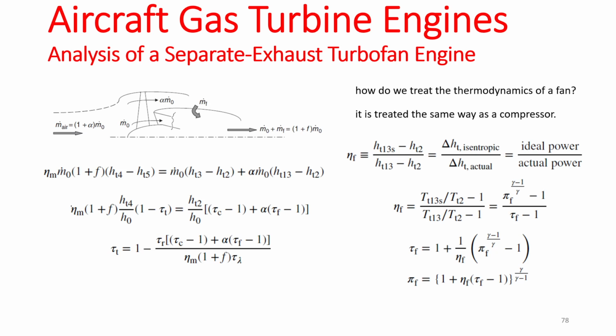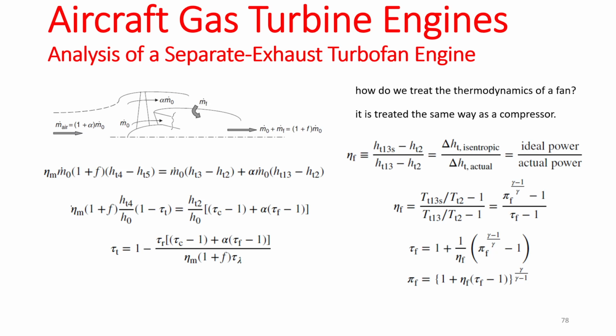So we can plug those in, tau R and tau lambda, and find a turbine temperature ratio, which is essentially going to be telling you the expansion you are going to need to get out of the turbine, right?